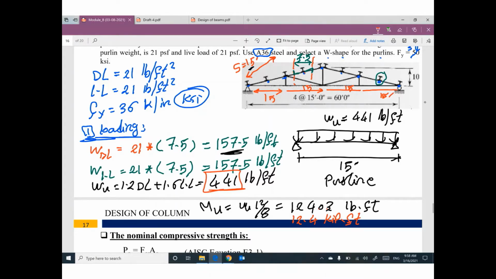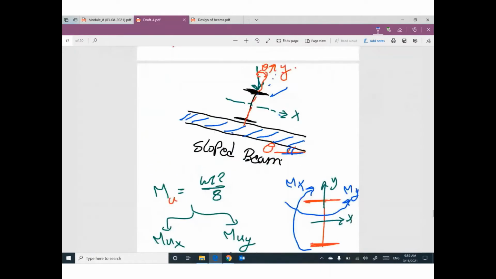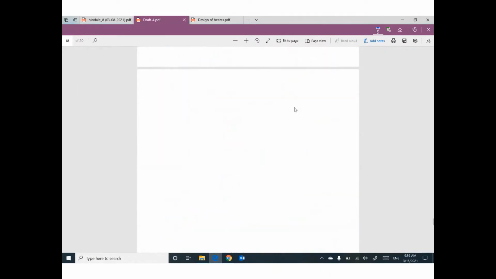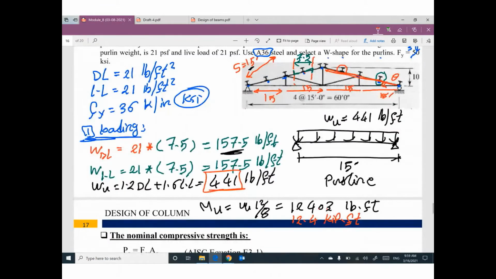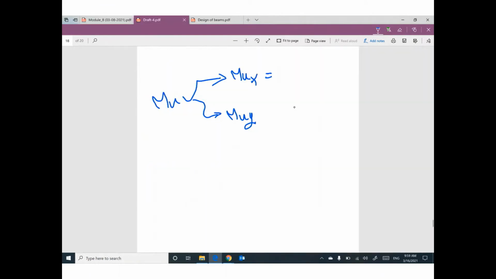Because this purlin is supported by these members which are inclined with angle theta here, this M ultimate can be broken to M ultimate X and M ultimate Y. M ultimate X equal M ultimate, which is 12.4, cosine angle theta. M ultimate Y equal M ultimate sine angle theta.